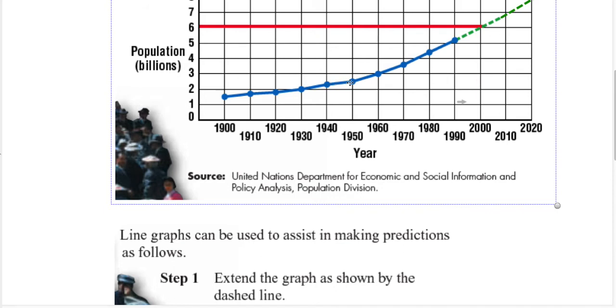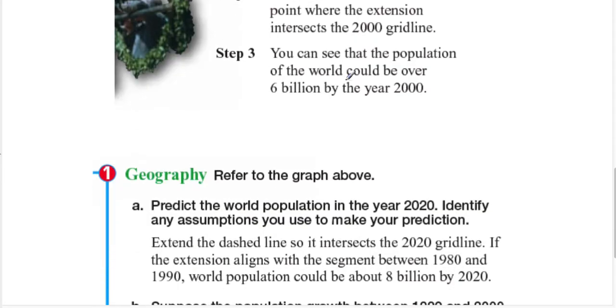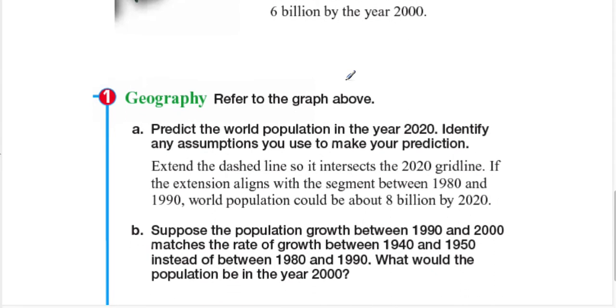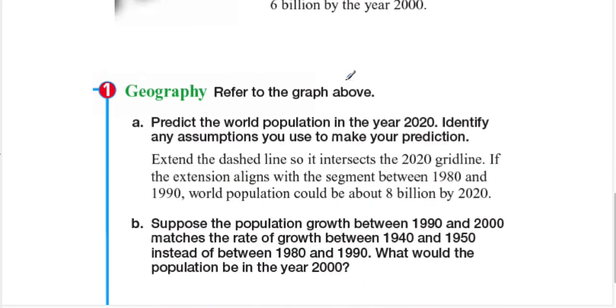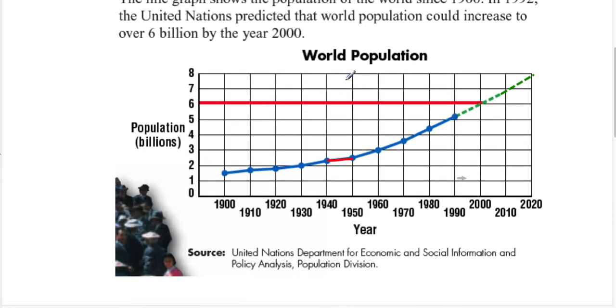And if we follow the same slope from 1990, what would the population be in the year 2000? It flattens out instead of that steep slope right there.